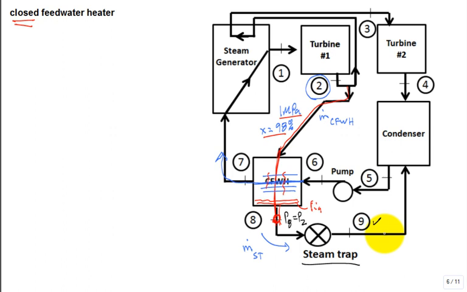Before we talk more about the steam trap, tell me a little bit about the pressure at 4, the pressure at 5. Are they the same pressure? 4 and 5 have the same pressure? What pressure is it? 20 kPa? Low pressure, our condenser pressure. If I have an inlet from 9 going into the condenser, just a pipe feeding in liquid, what do you think the pressure is at state 9? 20 kPa.